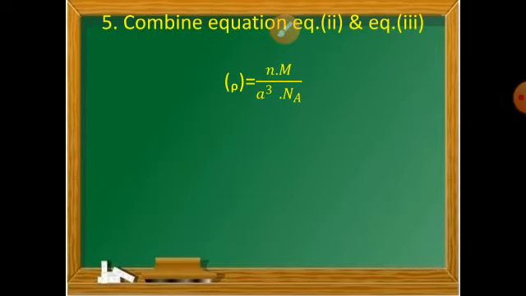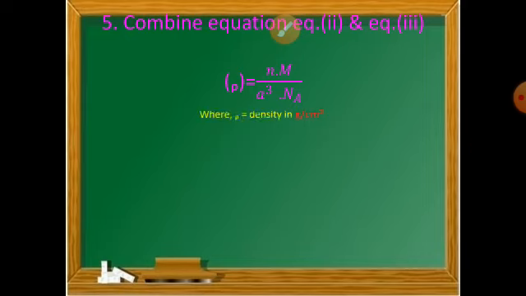So we'll see here, rho is equal to small n into capital M upon a cube into Na, where rho is density and its unit is gram per cm cube. Then n is the number of particles.